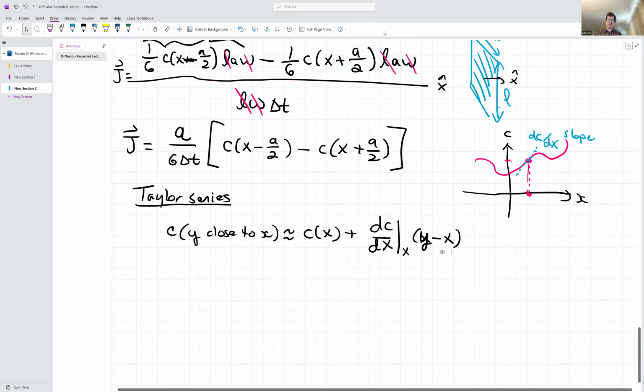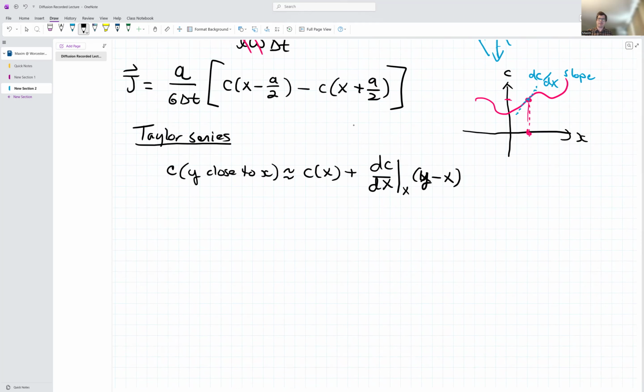And then plus 1/2 times the second derivative of c with respect to x. So two derivatives. I know if you don't know derivatives, this is sort of meaningless, but this is basically like the slope of the line near the point x, and this is like the curvature near that point x.